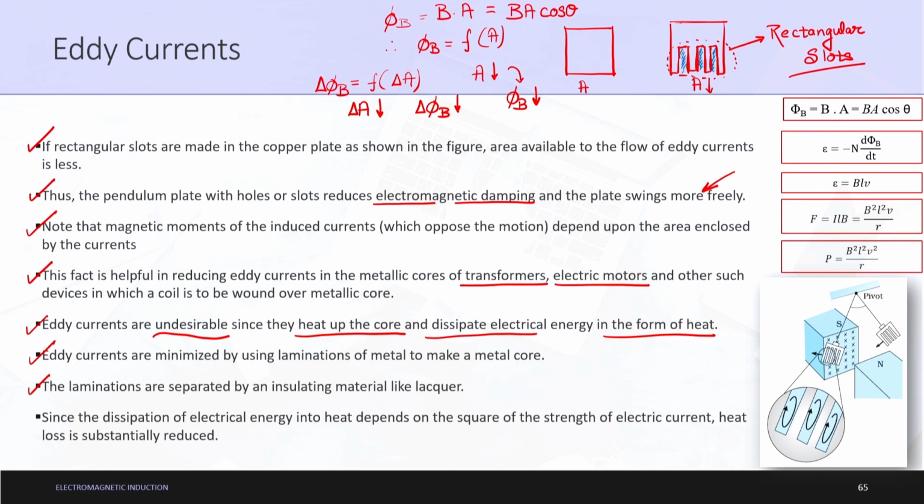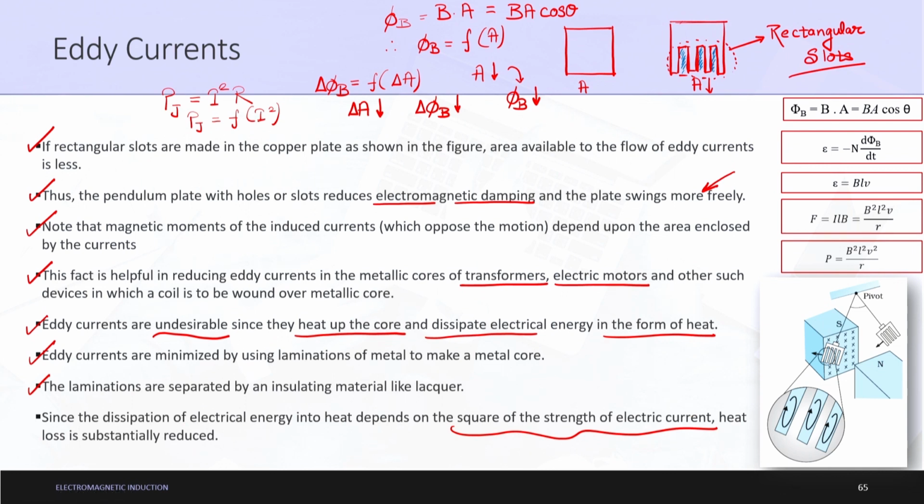Since the dissipation of electrical energy into heat depends on the square of the strength of the electric current, as we already know, Pj is equal to I square R, that means Pj is a function of I squared. So, heat loss is substantially reduced.